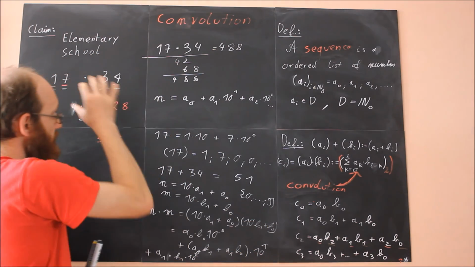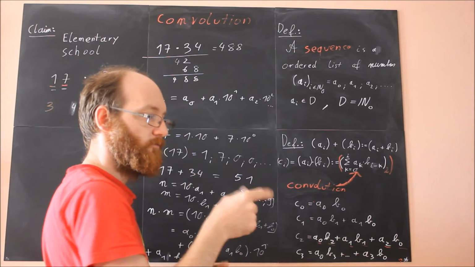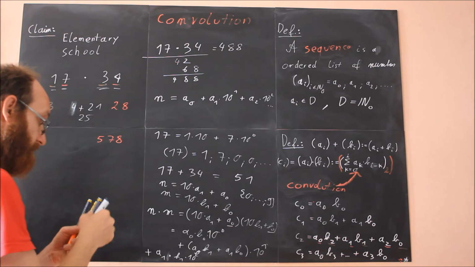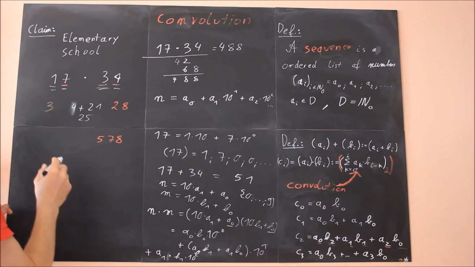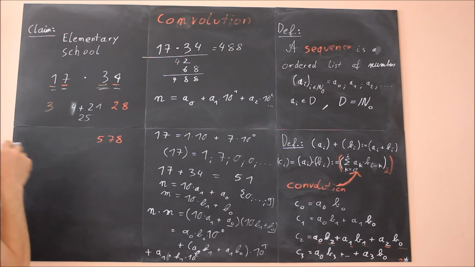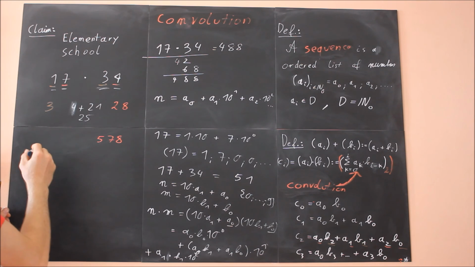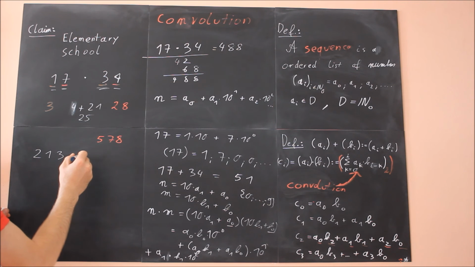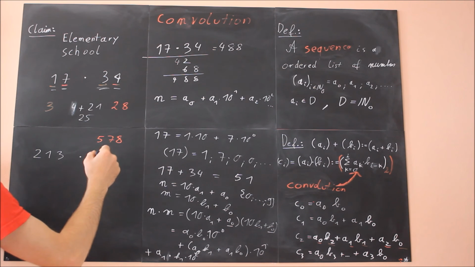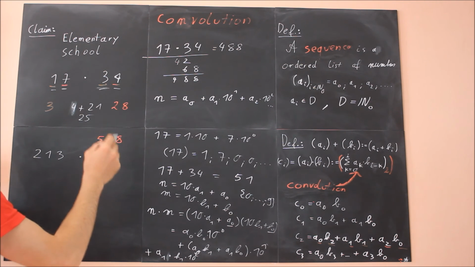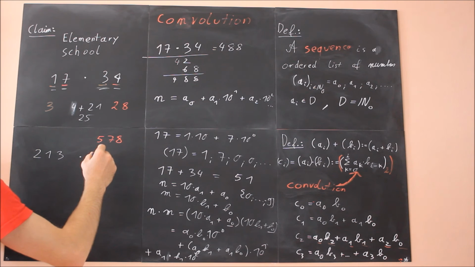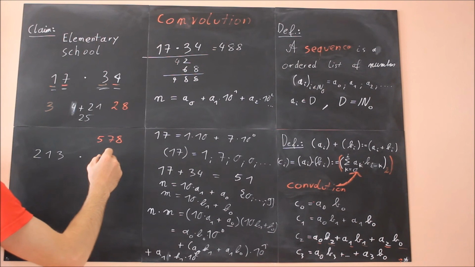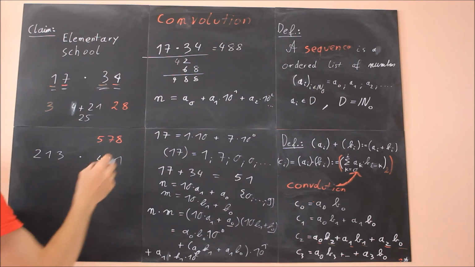How can I use Indian multiplication with two 3-digit numbers? And I want to show this to you also. So let's pick a 3-digit number, maybe 213 times 411 maybe.